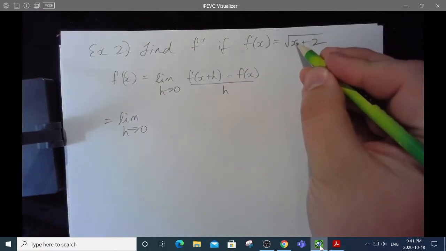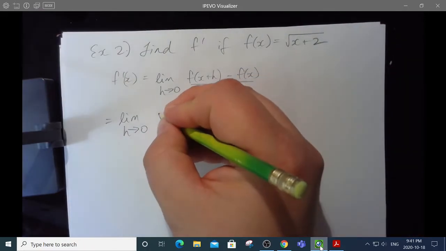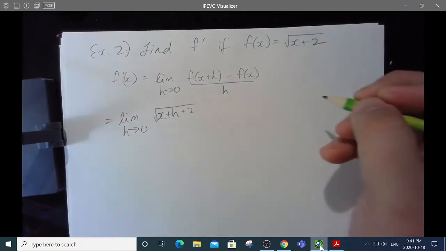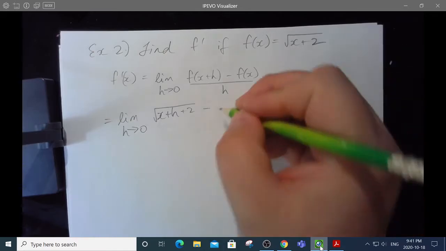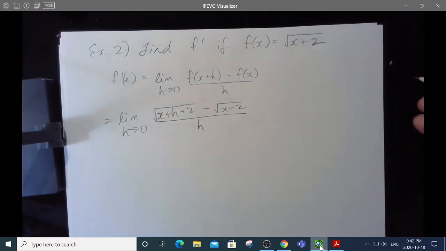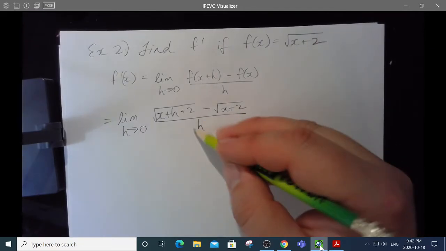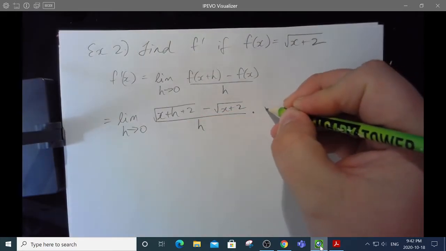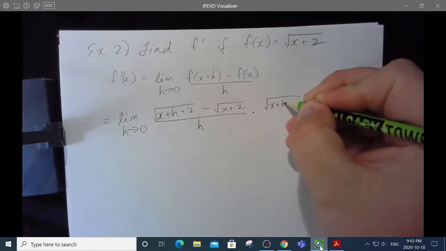So I replace the x with x plus h in this function. Then I repeat the function, and I divide by h. All right, what can we do with that? Well, there's no way we're going to make this h go away unless we perhaps rationalize that numerator. So a rationalizing we will go.